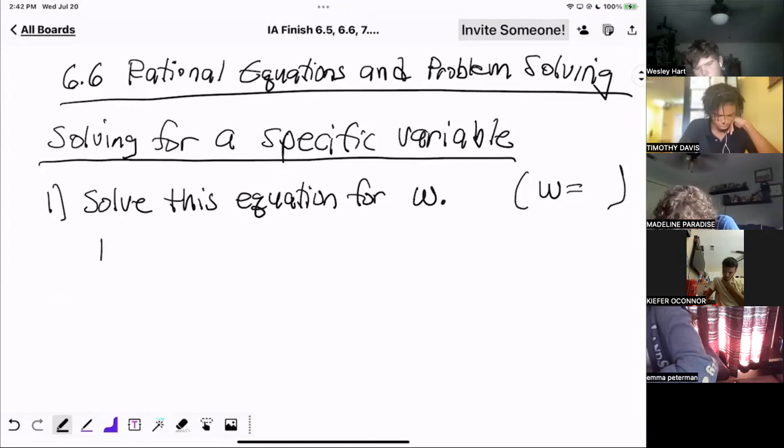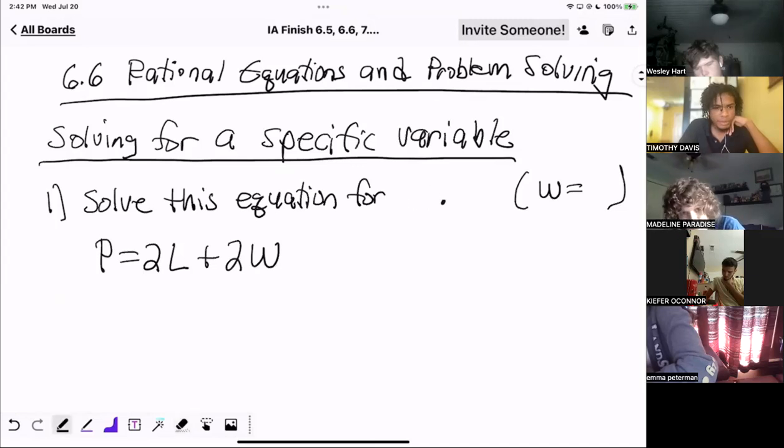Here's my equation. You're going to recognize it. That should be a capital W. I wrote it sort of small, capital W.